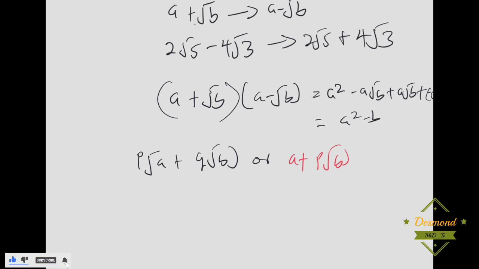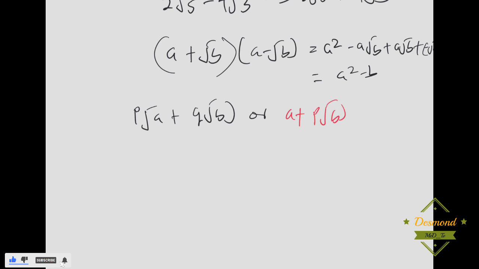Let's take a real example of what I'm talking about here. Let's say I have a question in the form of maybe 1 on root 3 minus 1. How do we do this? What is the conjugate form of this denominator here? We just multiply both the numerator and the denominator by the conjugate of the denominator.